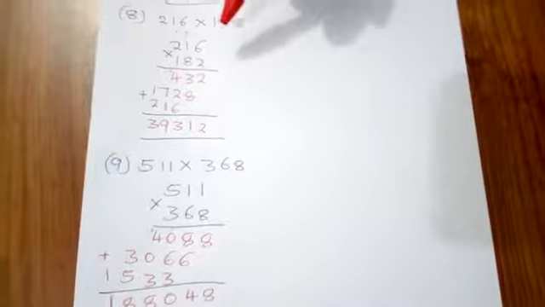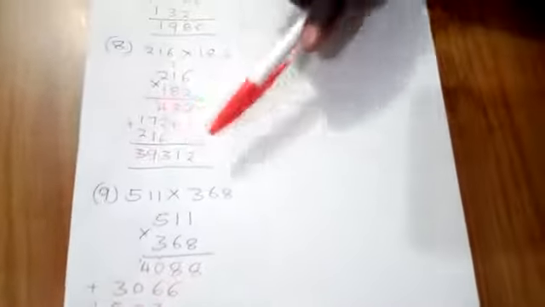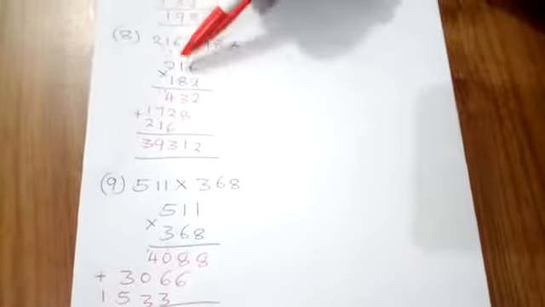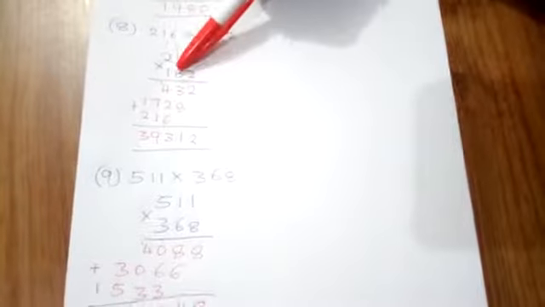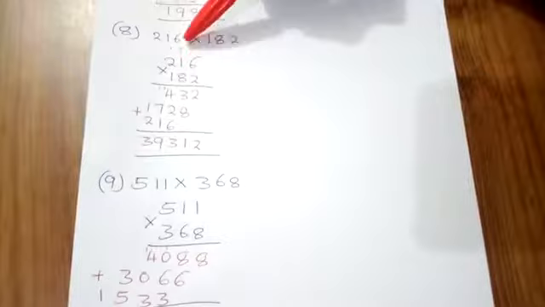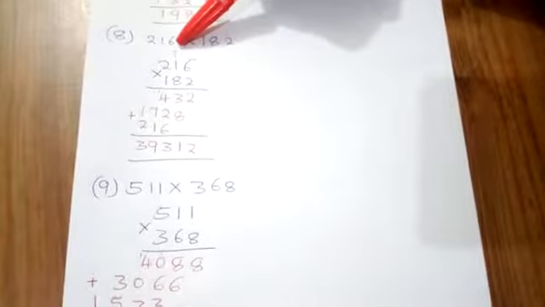Step number 2, the first group of multiplication is 6 times 8, which is 48. So we write 8, we carry 4. Our next group is 1 times 8, which is 8. 8 plus 4 that was carried forward will give us 12.